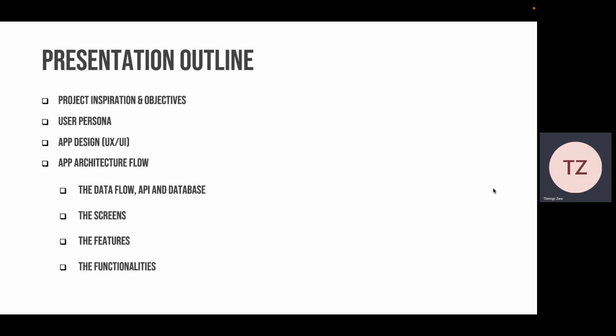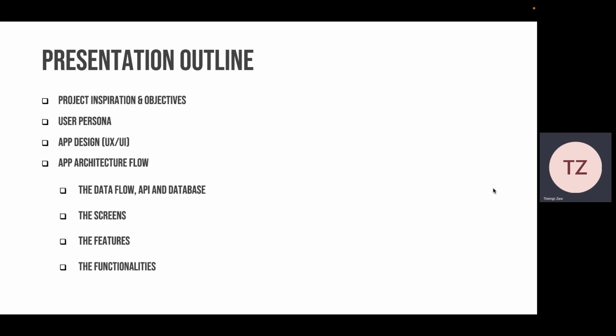The presentation outline is as follows. First, I'd like to explain my project inspiration and objectives. Next, I will explain what kind of user will be able to use my application. And then the user experience and interface of the application, because the design is the most important aspect of the application.